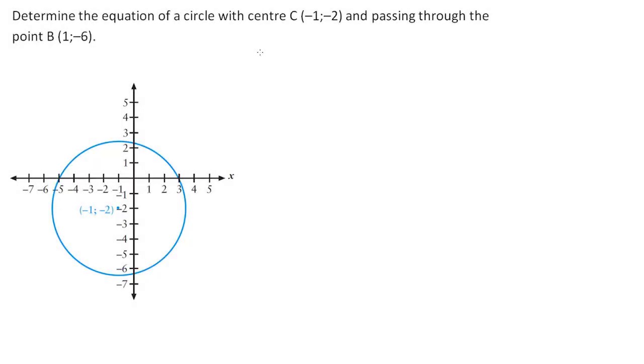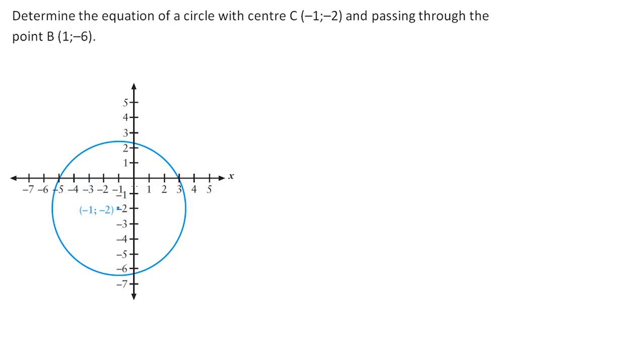Let's consider the following example. In this instance, we need to find the equation of a circle with center (-1, -2) and passing through the point B(1, -6). Let's consider this diagram here. You can see here, the first thing is that your center point is not your origin.